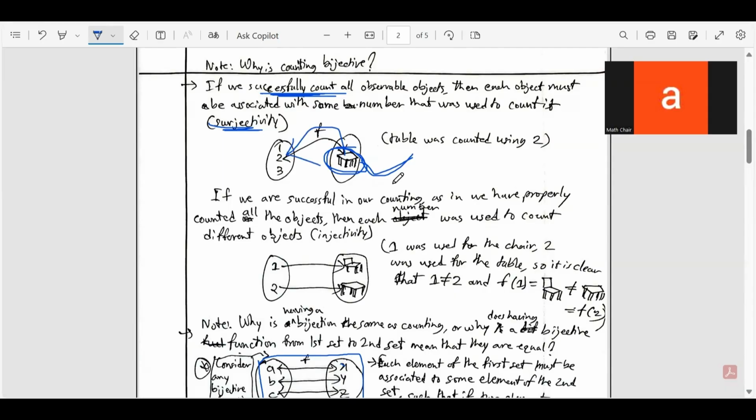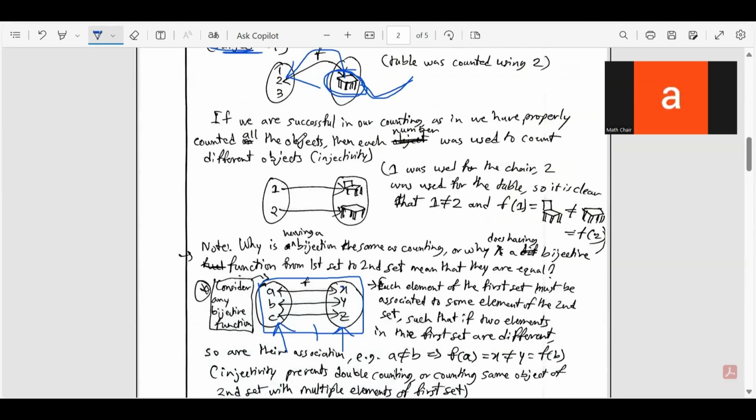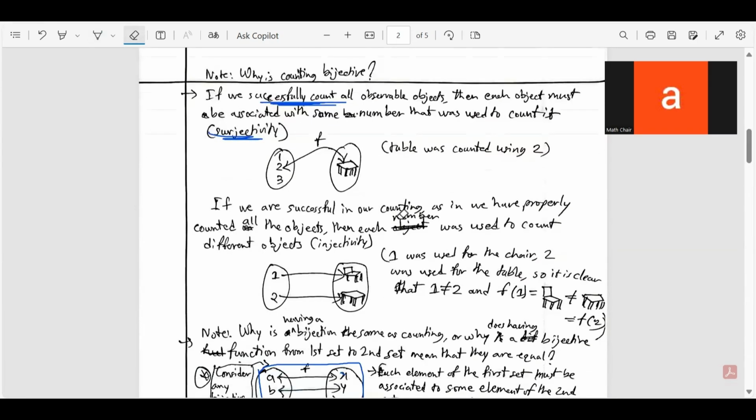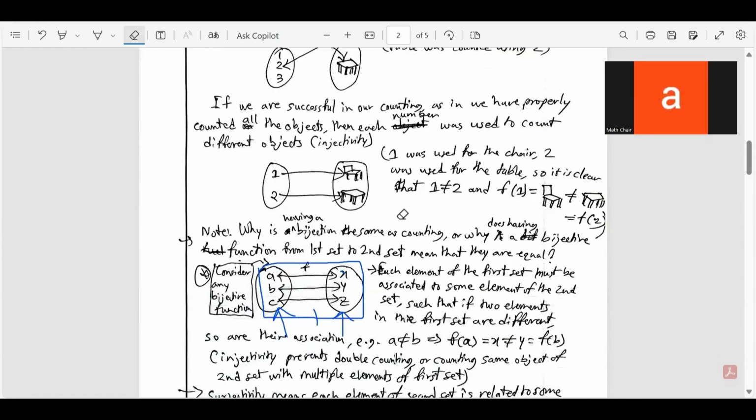Surjectivity guarantees that. And furthermore, injectivity guarantees that if two numbers are different, then I must have used them to count different things. I won't use the same number to count the same thing. That's guaranteed by injectivity. So we understand that counting truly is a bijective function. It satisfies both the necessary properties.